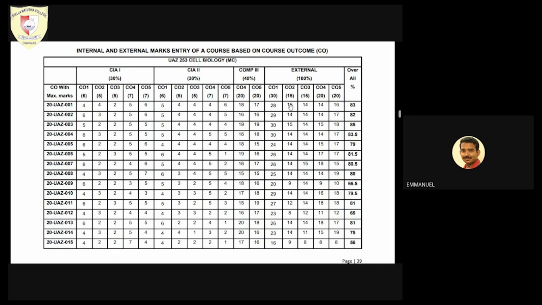If I want to know this person's performance under CO levels, I could add all the CO1 marks: 4 marks in first CA, 5 marks in second CA, and this much in the external, out of total marks 30 plus 6 plus 6, 42. That percentage gives his performance under the CO1 level.